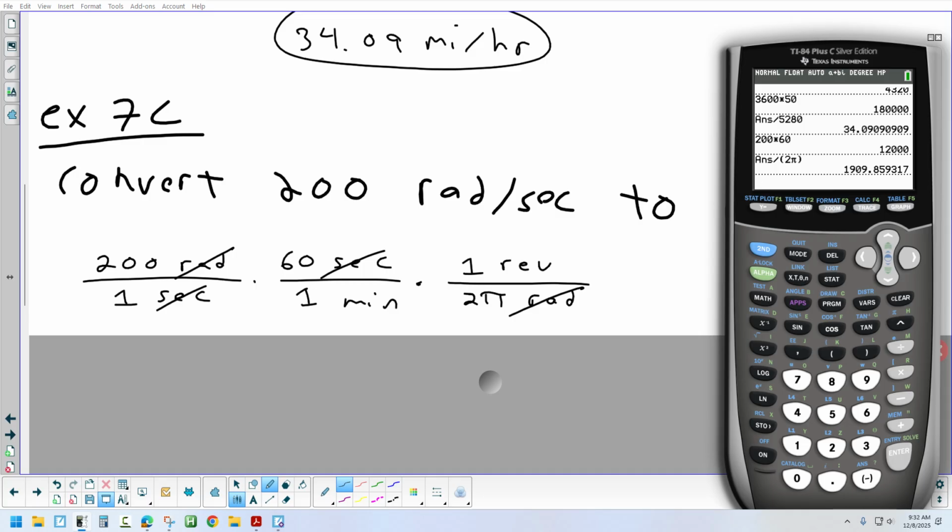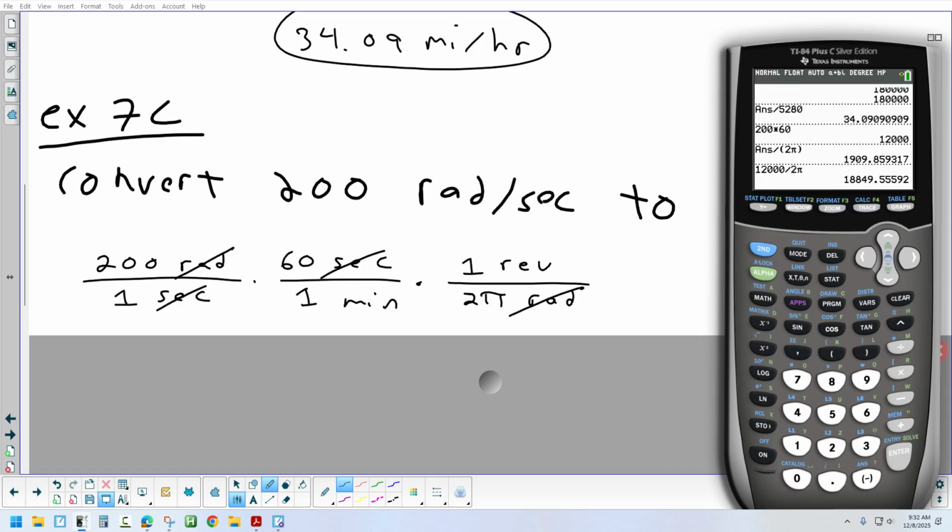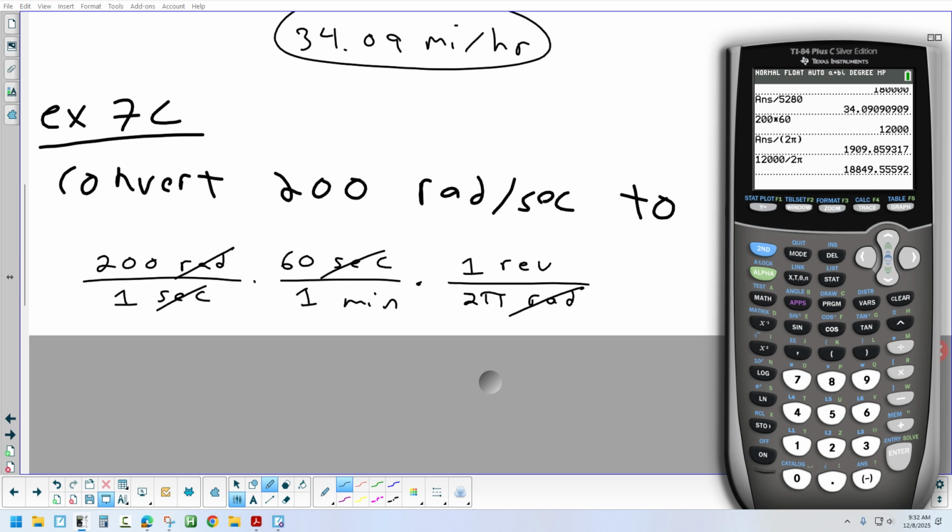If you don't, let's take 12,000 and let's divide it by 2 pi. What did it do there? That's wrong. Yeah? It just divided it by 2 and then multiplied by pi. Right. It divided 12,000 by 2 and got 6,000. And then it did 6,000 times 3.14. And that's how it got 18,000 something.